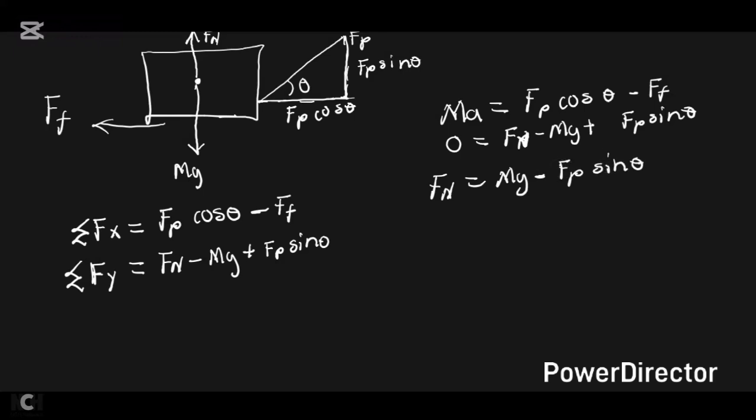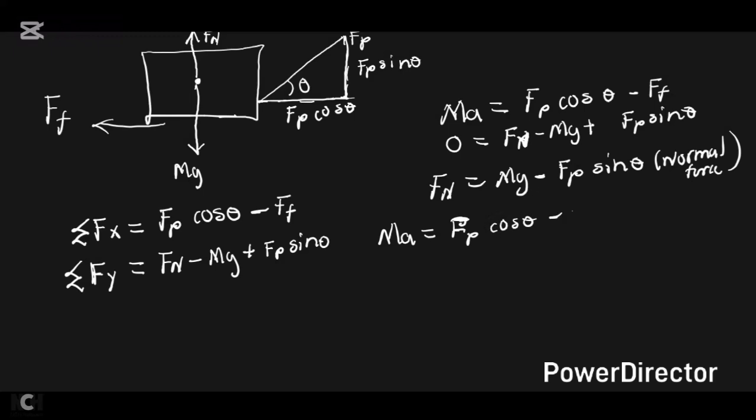So that's the normal force in this situation. How about the acceleration? In this situation we use the first equation, which says ma is equal to FP cos theta minus, remember, the friction force, right?